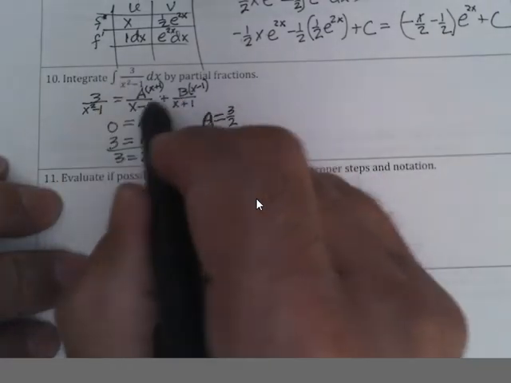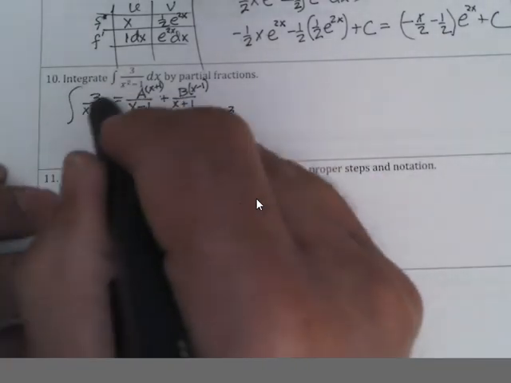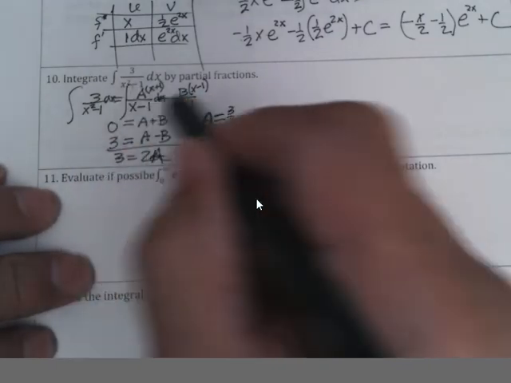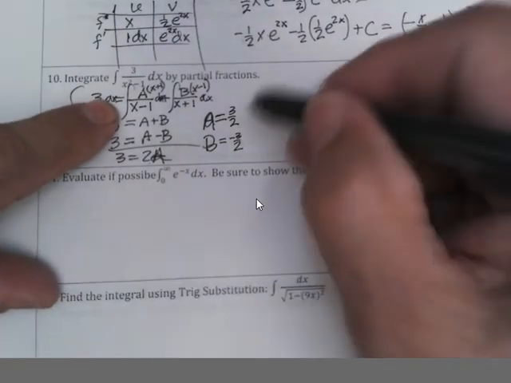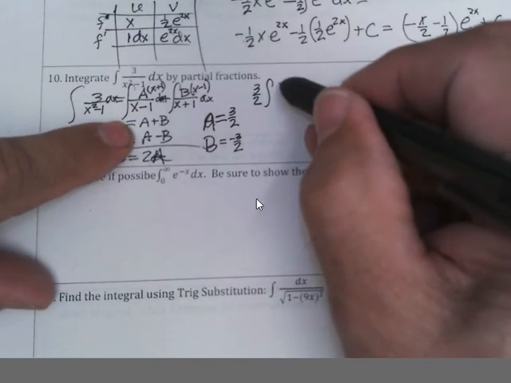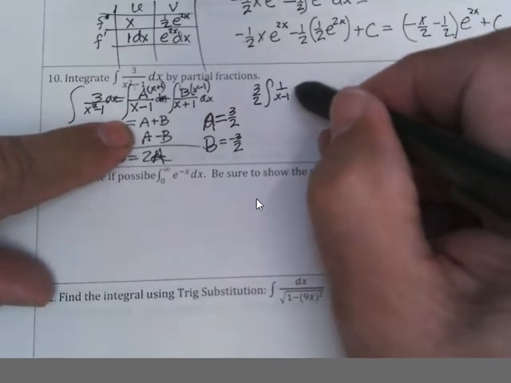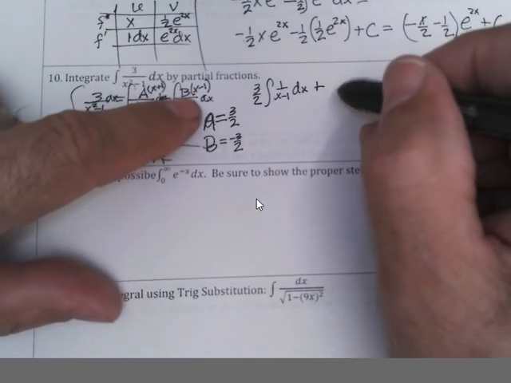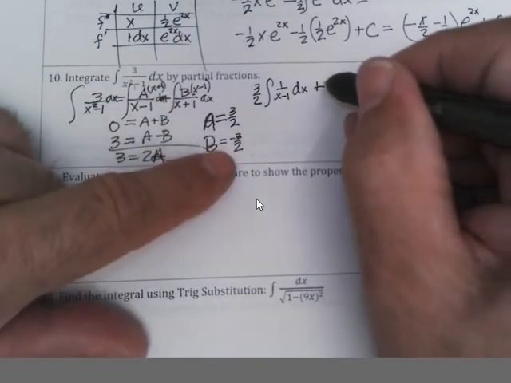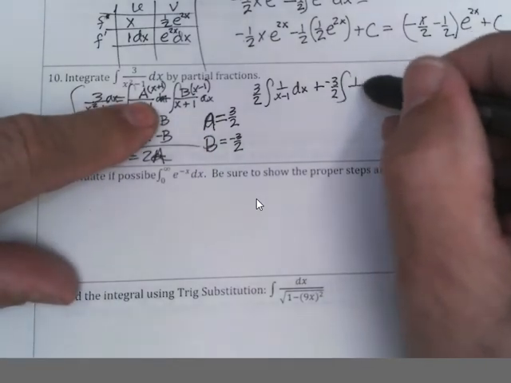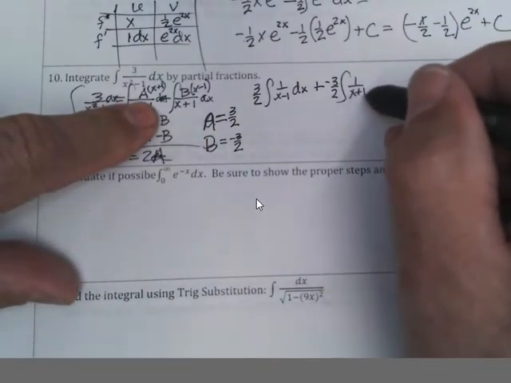So this integral turns into two separate integrals. The a would come out of this one, so we'd have 3/2 the antiderivative of 1 over x minus 1 dx plus the b, which is negative 3/2, antiderivative of 1 over x plus 1.